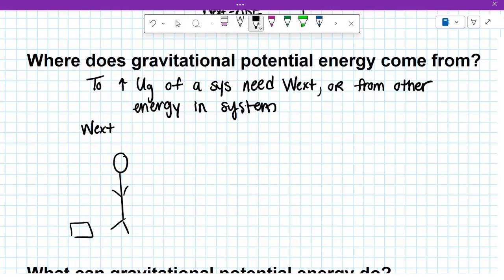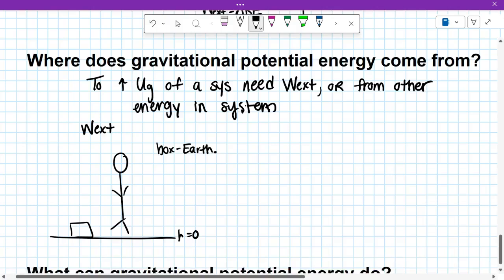Here's an example of where our potential energy would come from work done by an external force. Let's say we have a box. Here's my H equals 0. This is the box Earth system, so I can store potential energy. The box is initially on the floor, and then the person lifts it, and it is now at a height h. Initially, my box had 0 kinetic energy, 0 potential energy. And up here, if it's at rest, it has some potential energy.